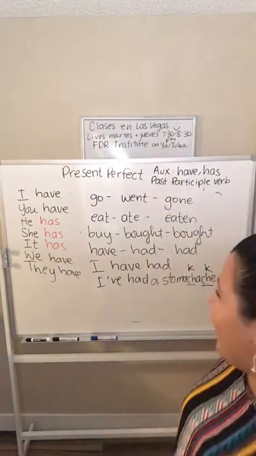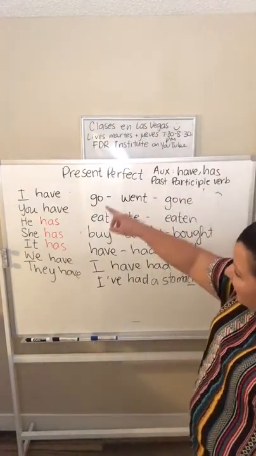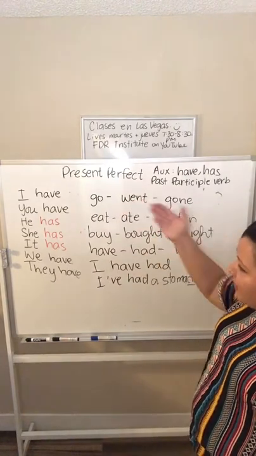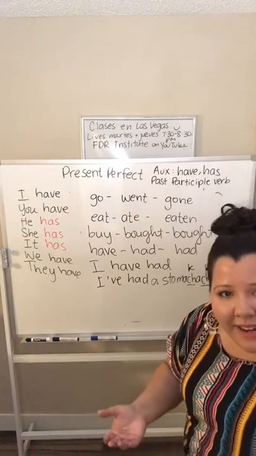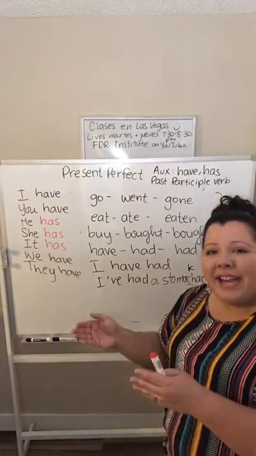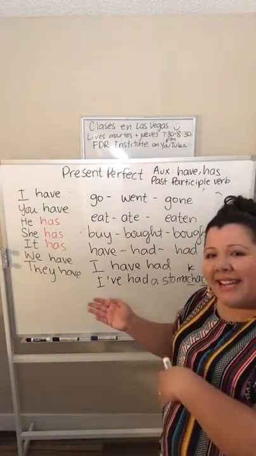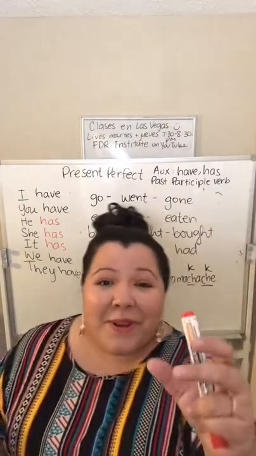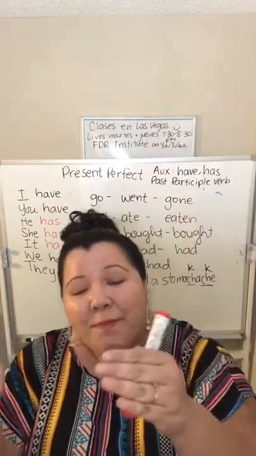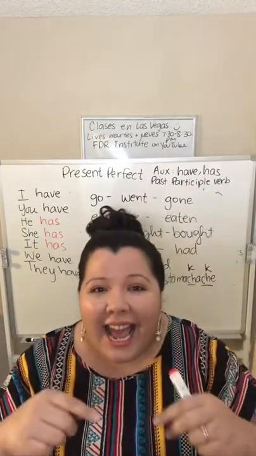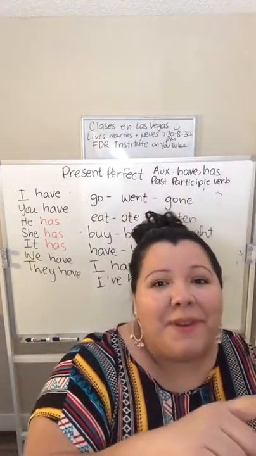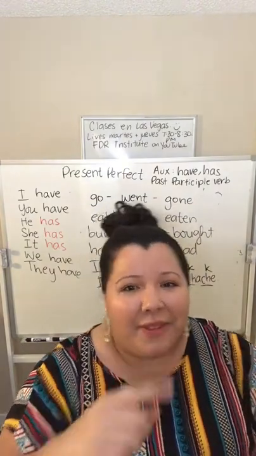You got it? You understand? Okay, so, usé esta vez las contracciones, pero también puedo decir I have had. You have had. He has had. Pero estoy utilizando have y has como auxiliar, y el had es el pasado participio del verbo tener, so he tenido, okay?